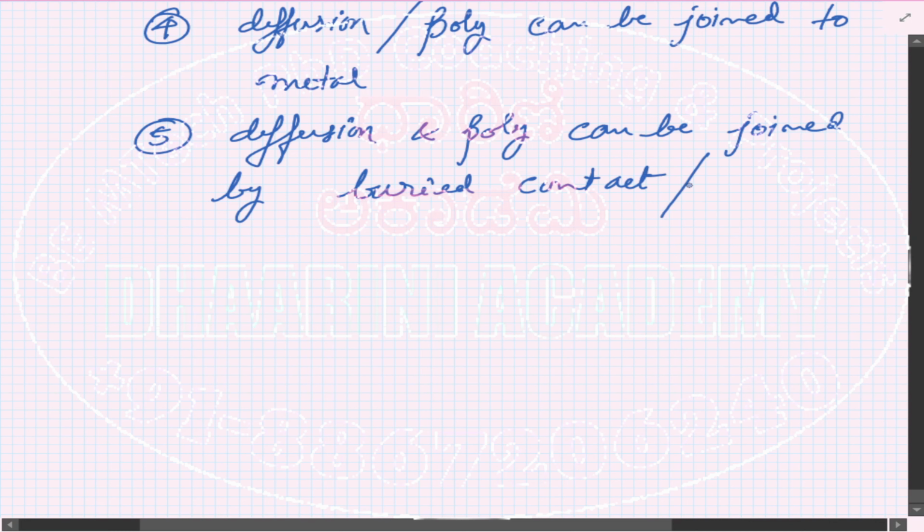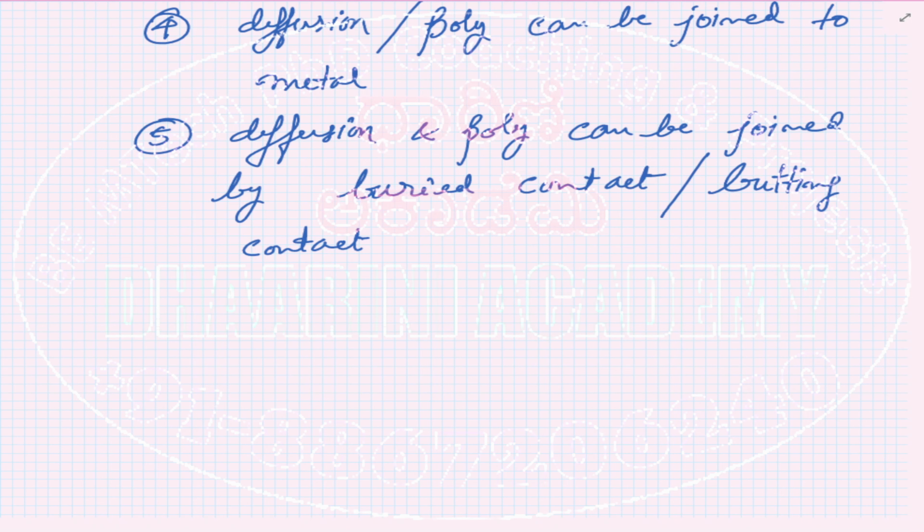There is another type of contact available. First one is buried, and if that is not possible, sometimes you use another called butting contact. Either of them can be used because they will be located at different layers. You have to make a connection between the layers here.